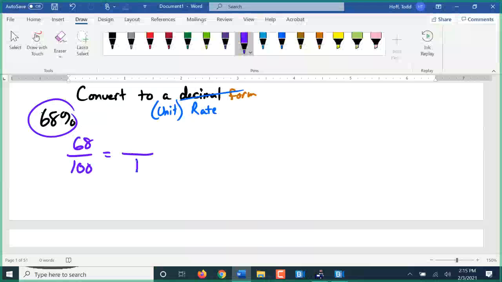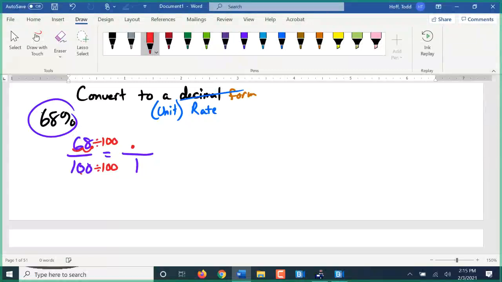It means out of 1. 68 out of 100, well, how many out of each 1 would that be? To turn the 100 into a 1, we divide by 100. What do we have to do to the 68? We have to divide by 100. Dividing by 100 just takes the decimal point, which would be at the end of the number since it's not written, and moves it over 2 spots.